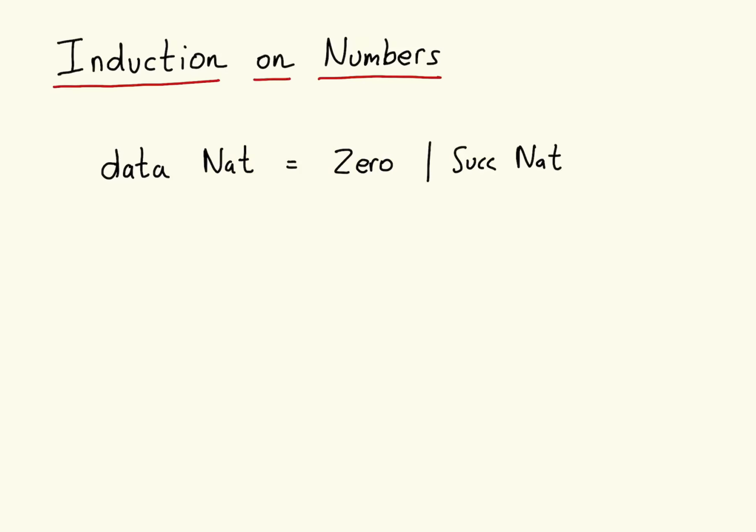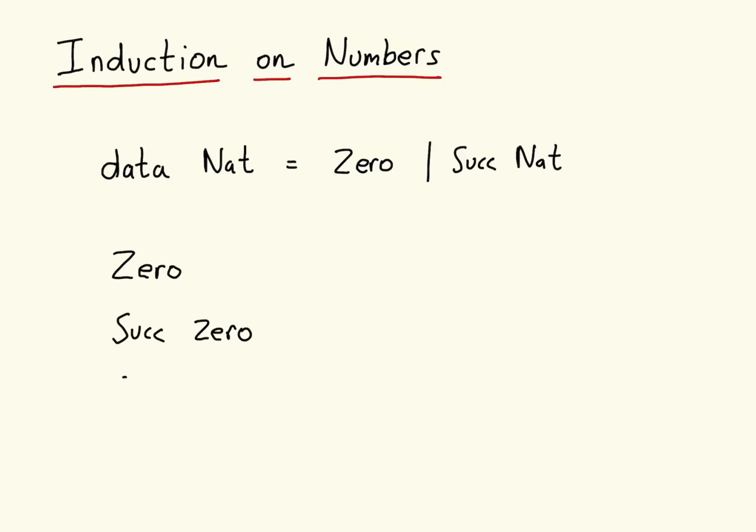So in terms of the values defined by this data type, we have an infinite sequence of values. In particular, we have the value Zero. That's just the basic constructor. Then once we have any old value, we can apply the Succ constructor to it and generate a new natural number. So we have Succ Zero as well.